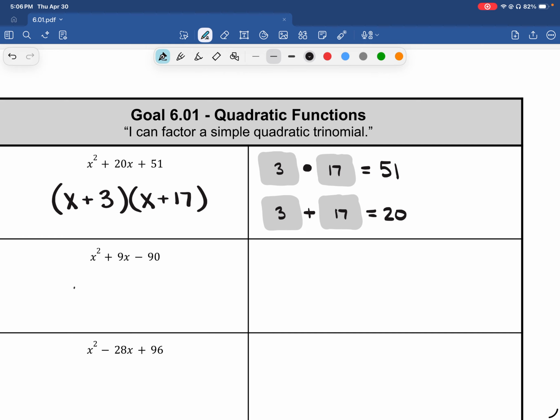It may also be a good idea to make note of what those sign rules are. So if it's ax squared plus bx plus c, your factors will be both positive.